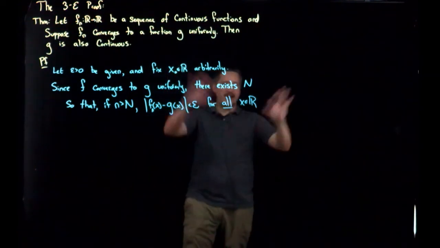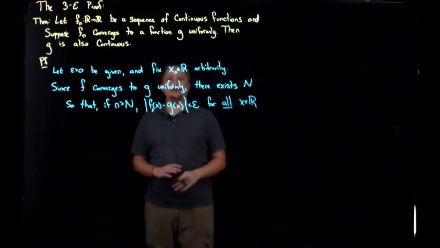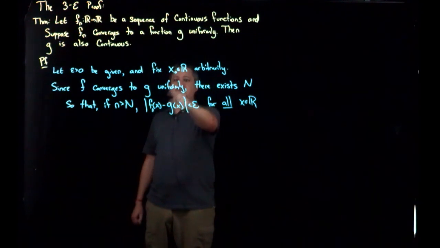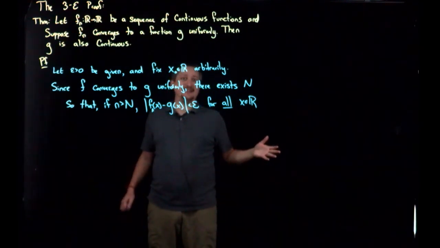I'm just saying this is true for any x at all, right? That's the uniform idea. If I only needed x naught, I could get away with pointwise, but we've seen that's not true, right?